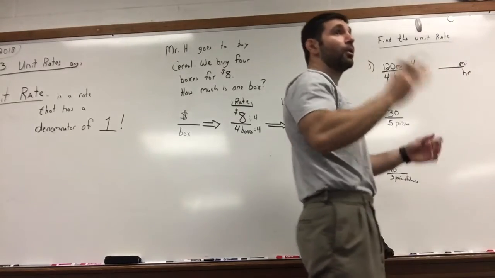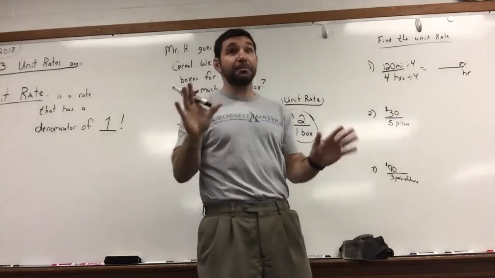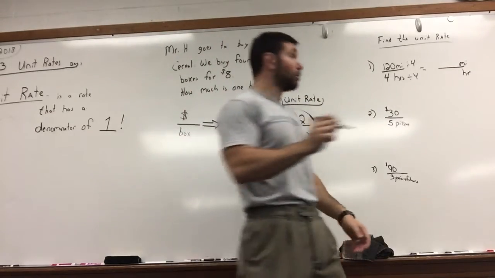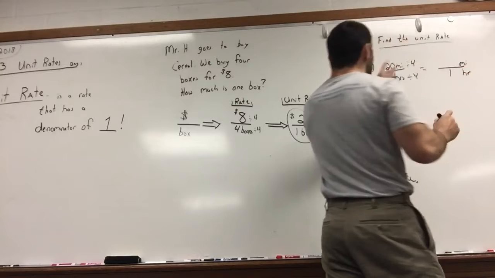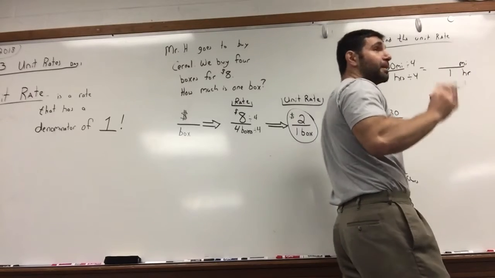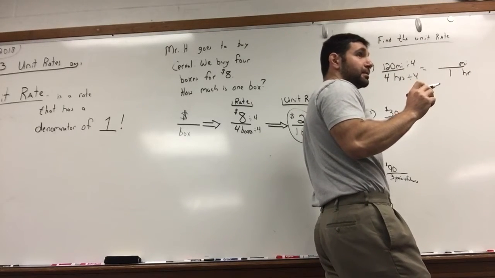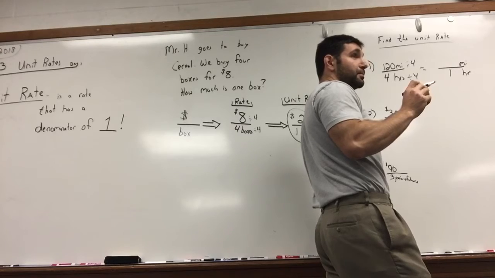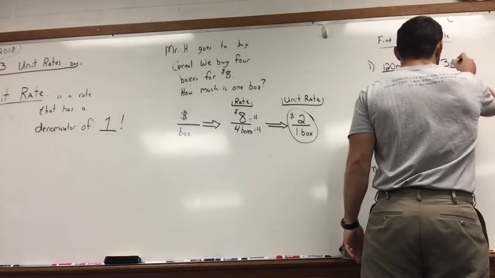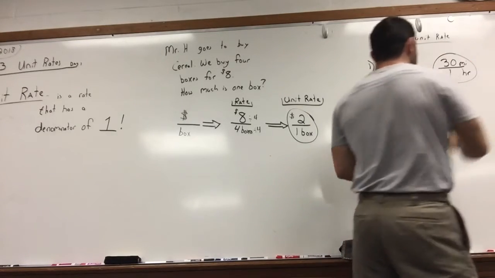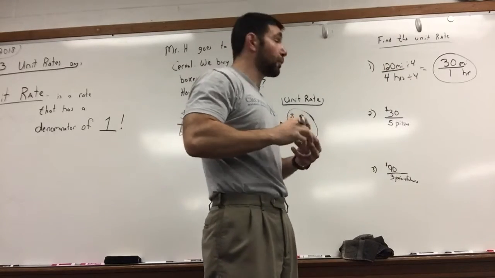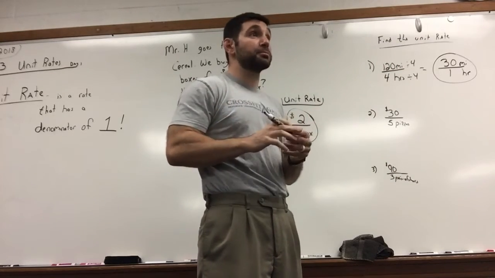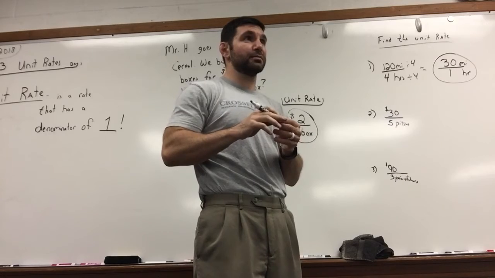I would keep hour. What does the denominator have to be if we're finding a unit rate? 1. 120 divided by 4 is going to give me what, Lydia? 30. So we would be driving 30 miles per 1 hour. So I could say 30 miles per hour. Everybody heard that before, right?